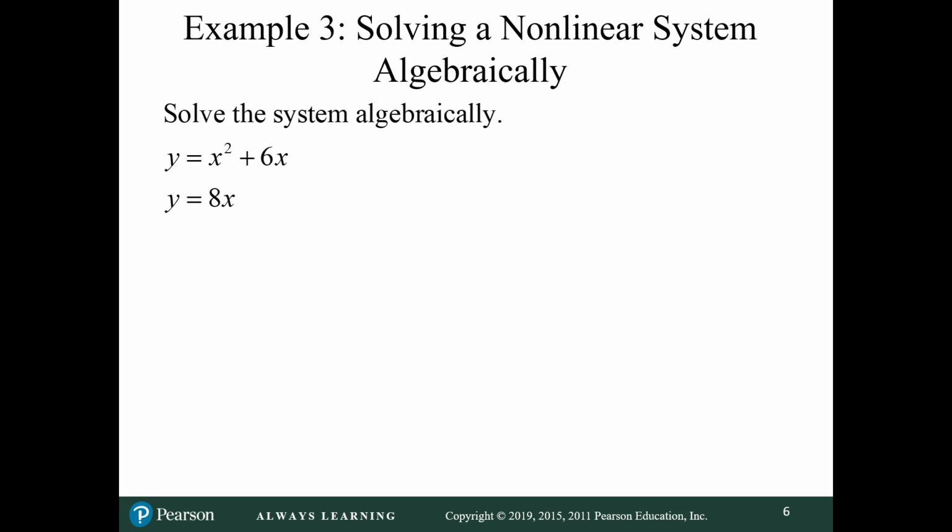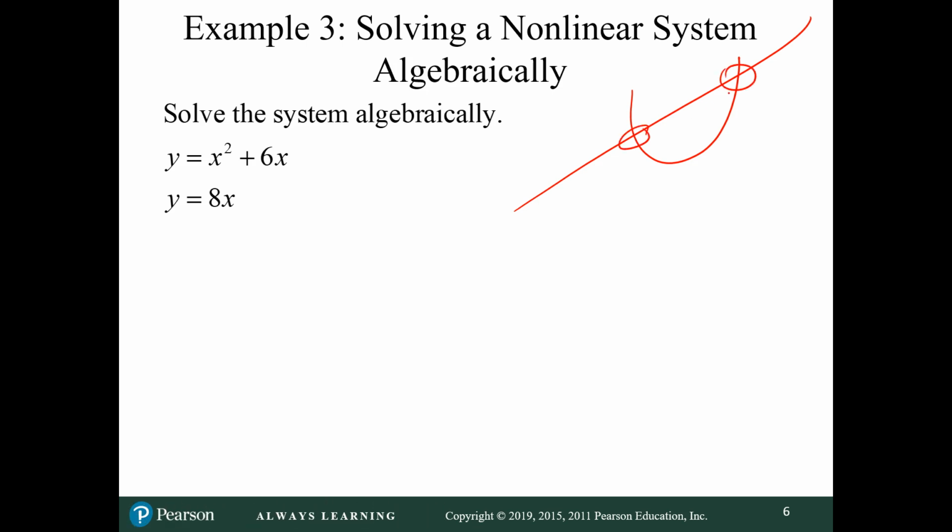Okay? Now, not all of them will be 2 linear equations. So here we have a parabola and another line crossing it. How many times does my line hit the parabola? Twice.